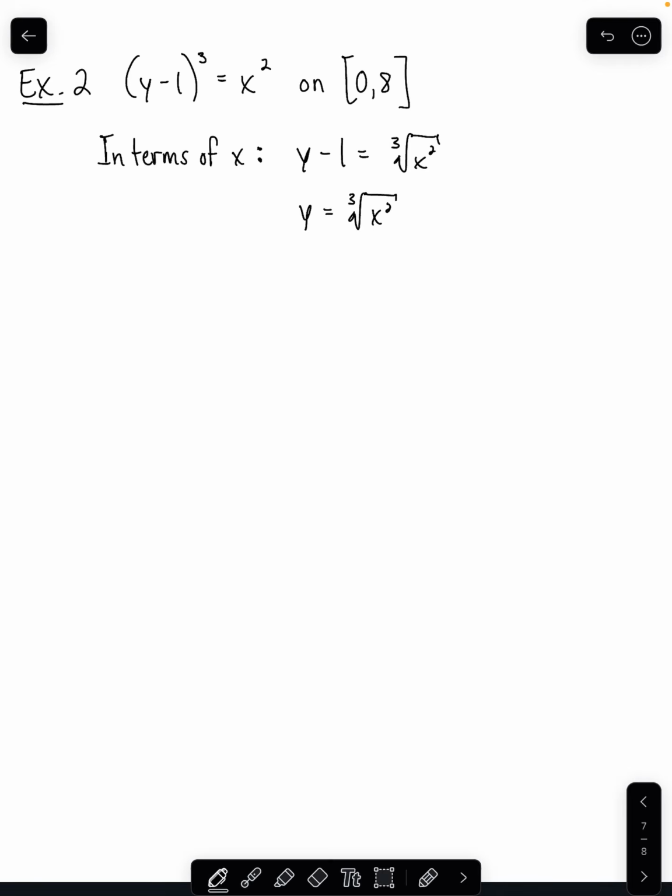The problem with this is if this is our function, and we have to find its derivative, we're dealing with an index of 3. And that's not going to interact so well with the squaring and the square root that are in the arc length formula. So this is not the best way to do it. The cube root, that index, is not going to interact well.